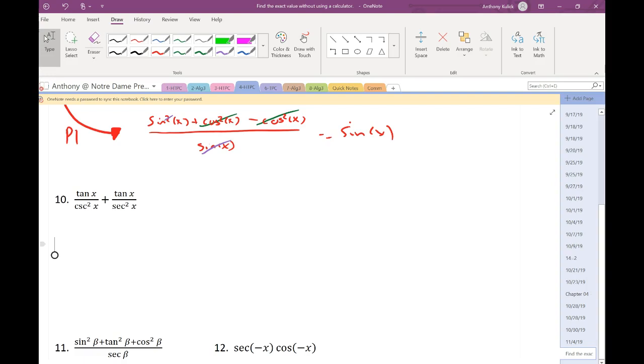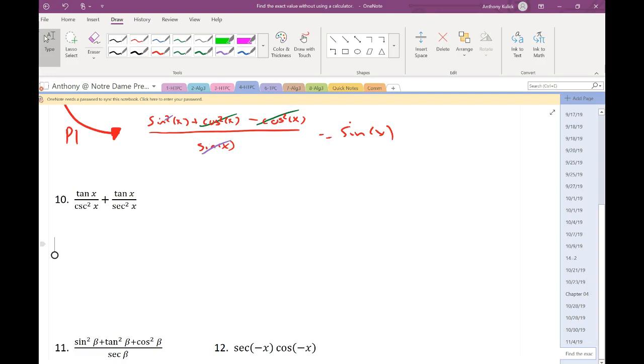What do you guys think? What can we do here? It's quite sneaky, the first step, but if you get the first step, oh, you'll see. Let me give you a hint.